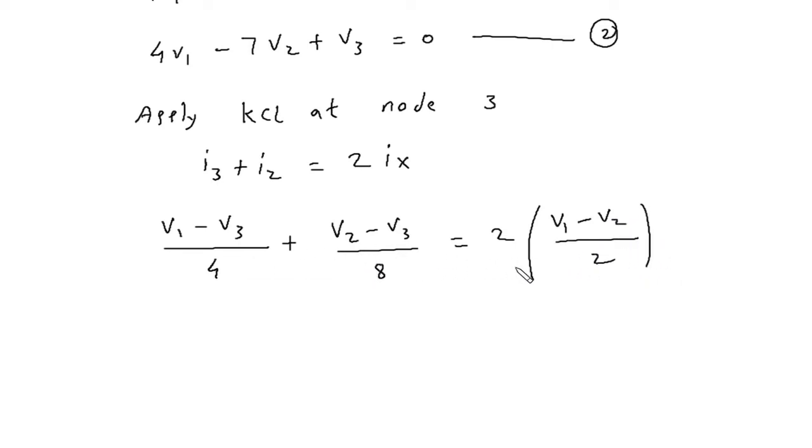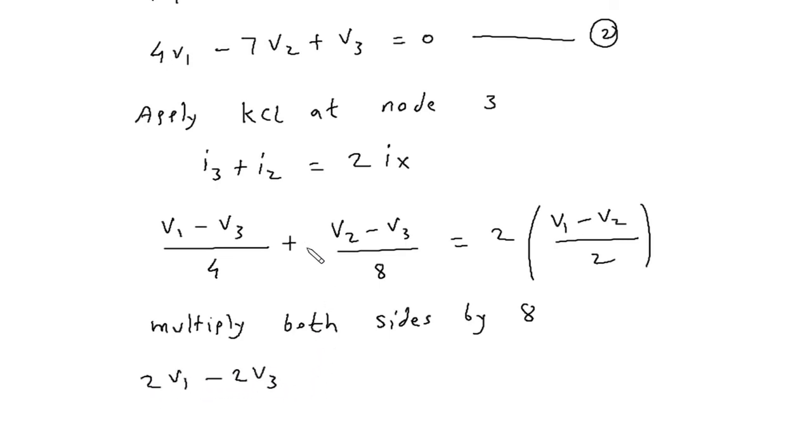Now again we will multiply both sides by 8. So this will be 2V1 minus 2V3 plus V2 minus V3 is equal to 8V1 minus 8V2.